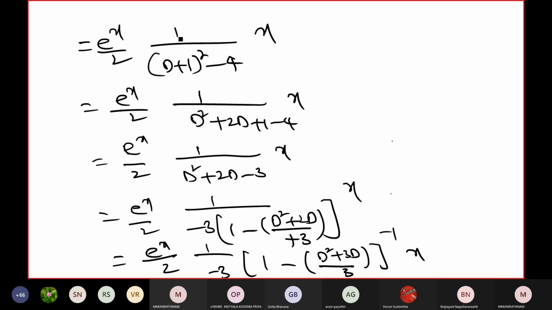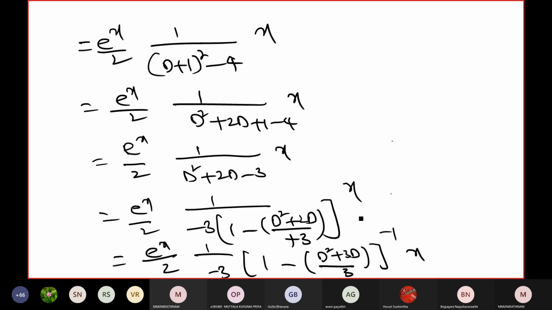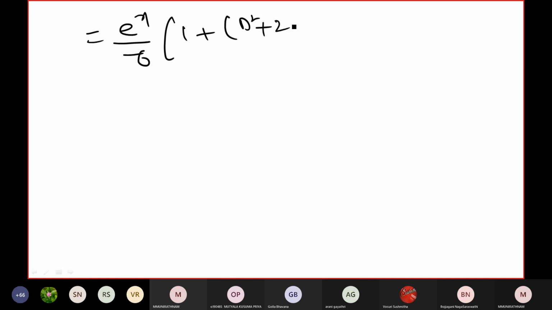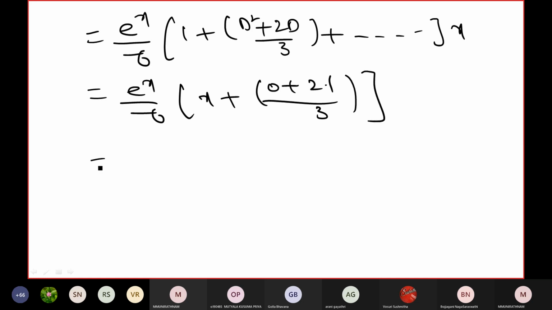Using our formula, we can expand this as 1 minus (2d by 3) plus d square terms. The square terms are not needed because we only have x. So e power x by minus 6, 1 into x is x, d square is 0. So this is e power x by minus 6, x plus 2 by 3.